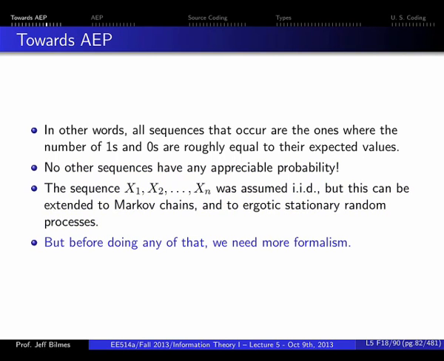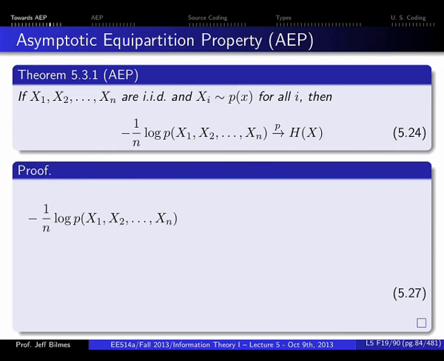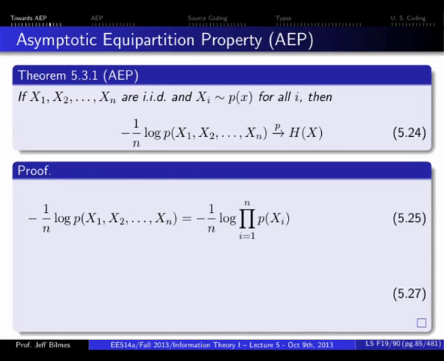Okay, so we need to make this a little bit more formal. So first of all, let's just state the main asymptotic equipartition property theorem. It basically says that we're in this setting where we have n random variables. They're IID, all distributed according to p. Then if we take negative 1 over n times the log of the probability, that approaches in probability the entropy. And the proof is remarkably simple. We just look at this quantity.